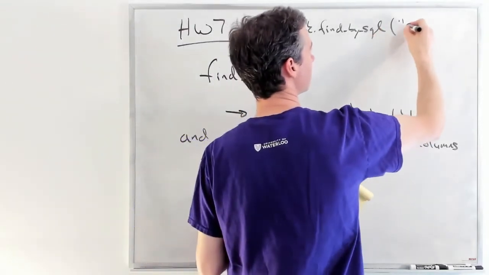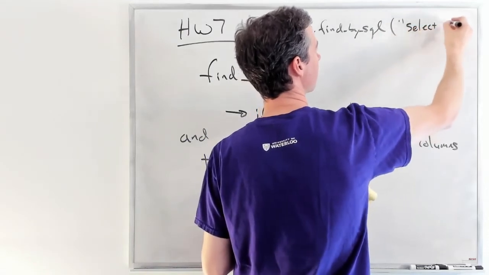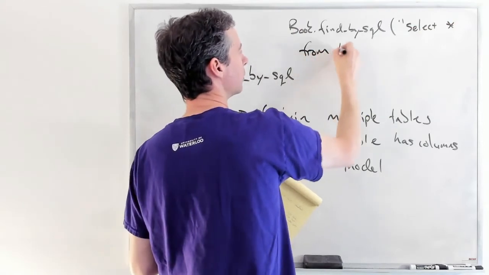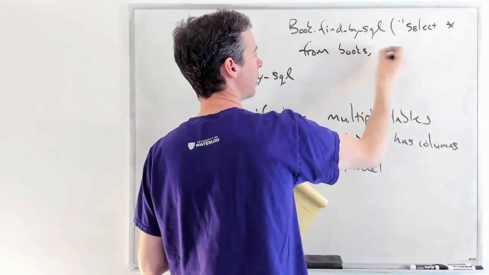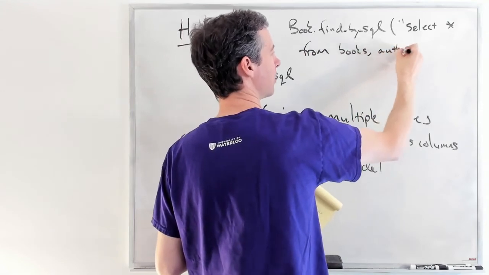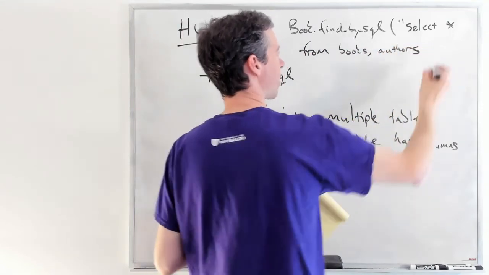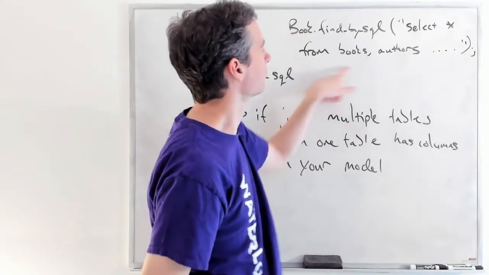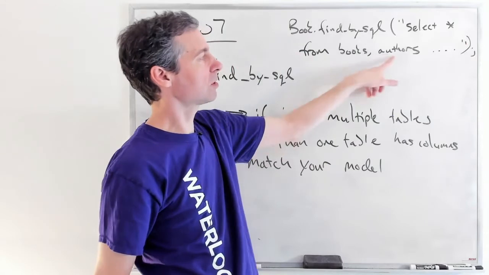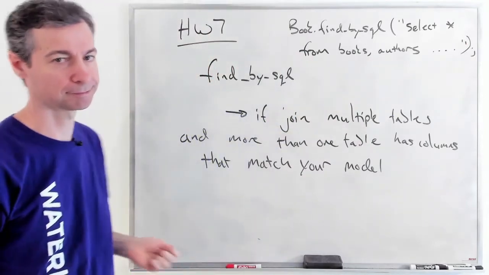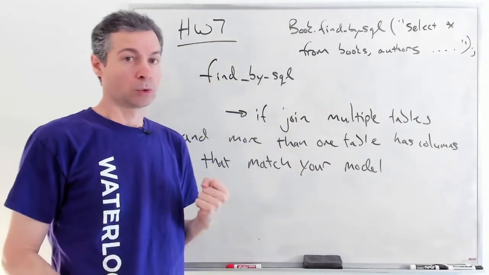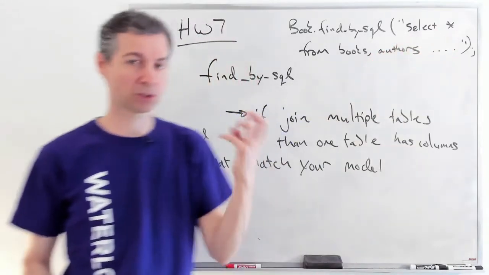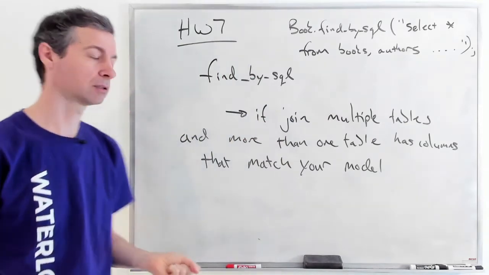So a lot of people did things like select star from books, comma, and let's say maybe there was an authors table or something, okay? And then they continue their statement. So both books and authors have an ID column. So select star means we get two ID columns back.